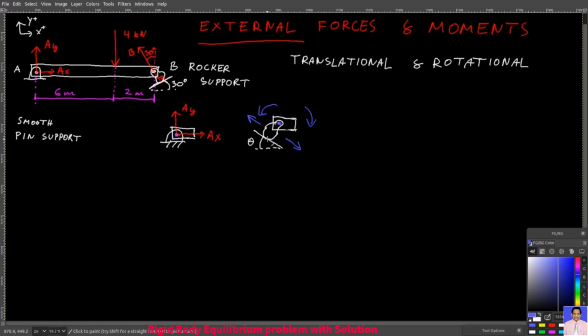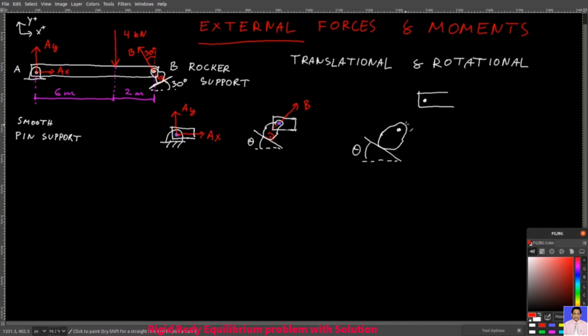If we assume no friction between the rocker and the ground, then the rocker can freely translate along the surface. It only restricts motion in the direction normal to the surface. That's why this particular support, the rocker, generates a reaction force normal to the surface. And that's what you need to put on your free body diagram.